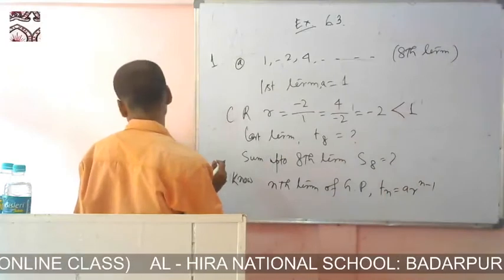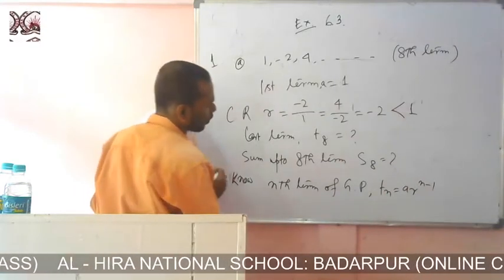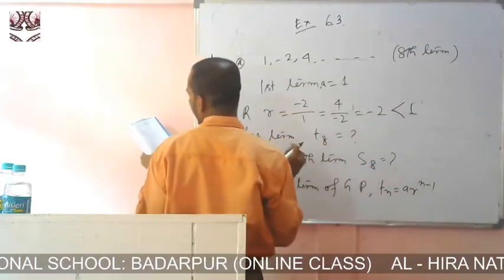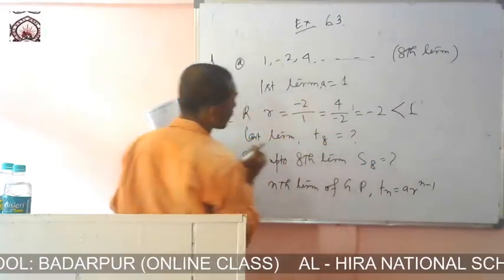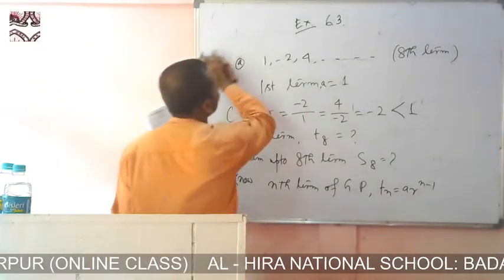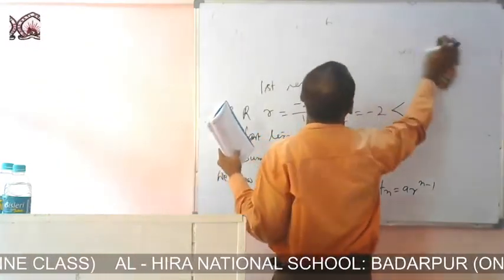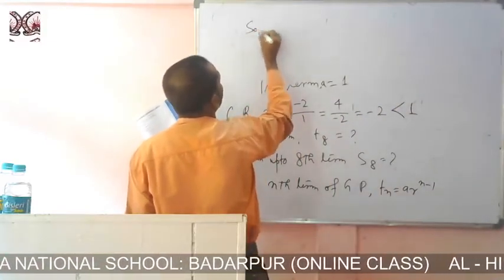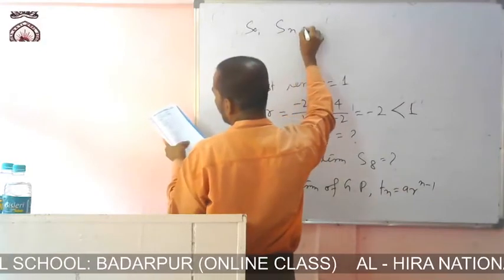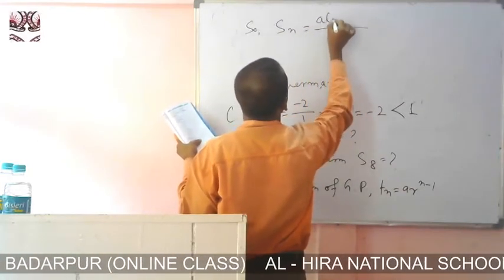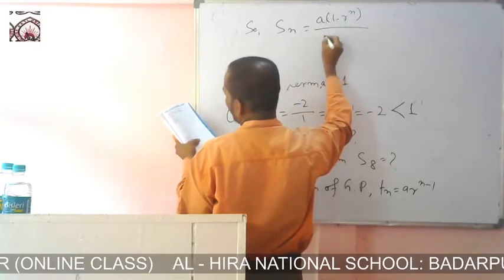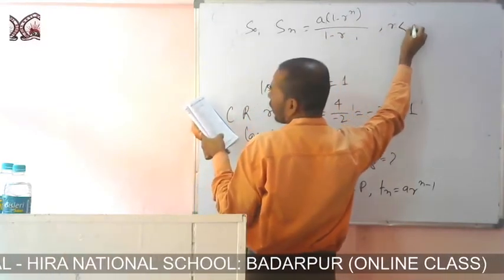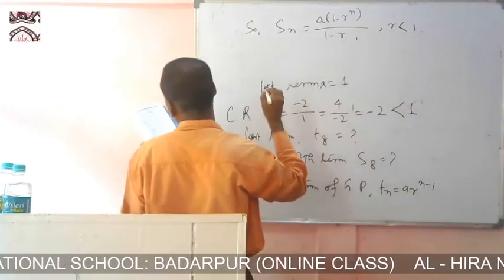Here r is less than 1, so Sn will be a into 1 minus r to the power n by 1 minus r.